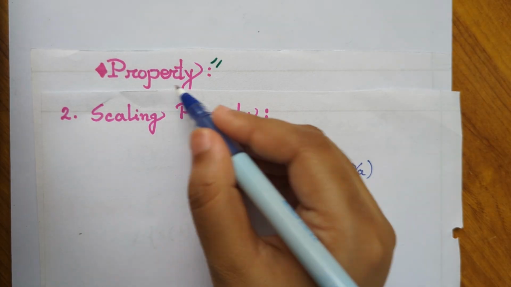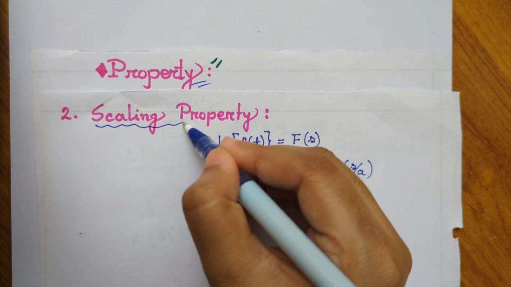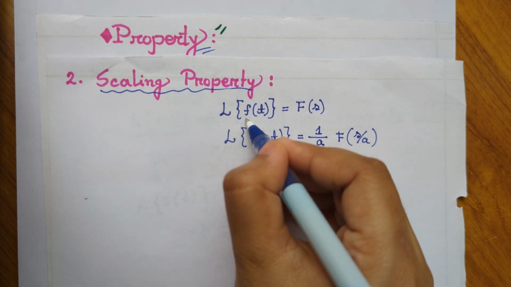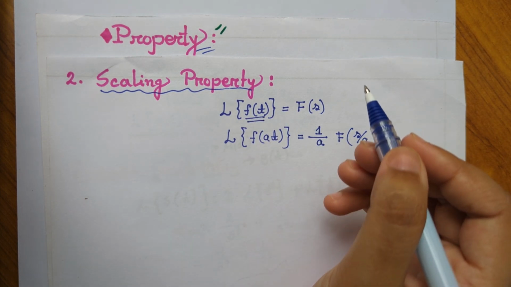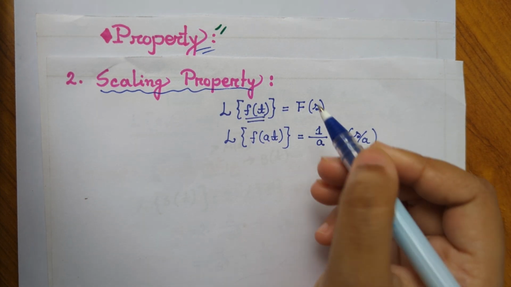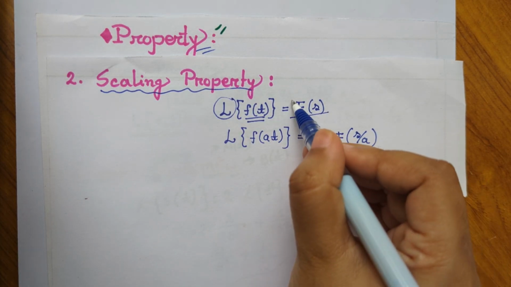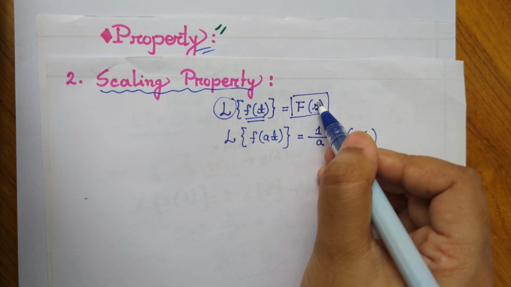Now our other property of the Laplace transform is the scaling property. It's also an easy property. Suppose f of t is a function of t, and after doing the Laplace transform of this function, suppose we get the answer as a function of s.